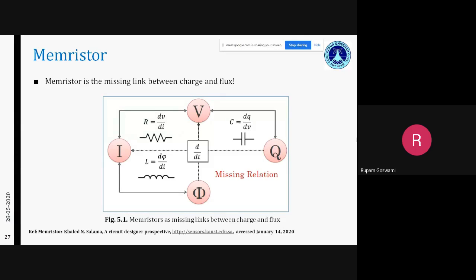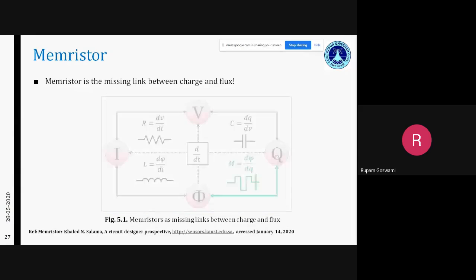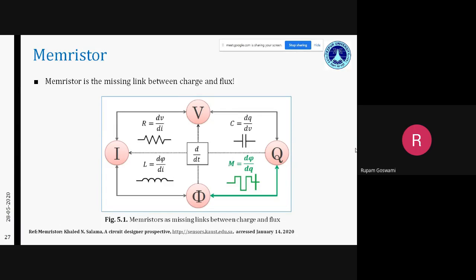So intuitively, there must be a particular electrical parameter which relates these 2 quantities, so that the entire circle of these quantities is complete. This missing relation is nothing but the memristor, and the symbol for the memristor is a square-type waveform connected to 2 terminals. It gives the basic relationship between charge and flux, and completes the entire circle of these 4 electrical parameters.